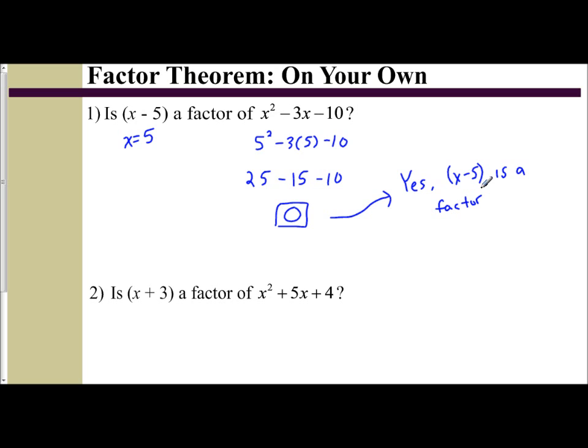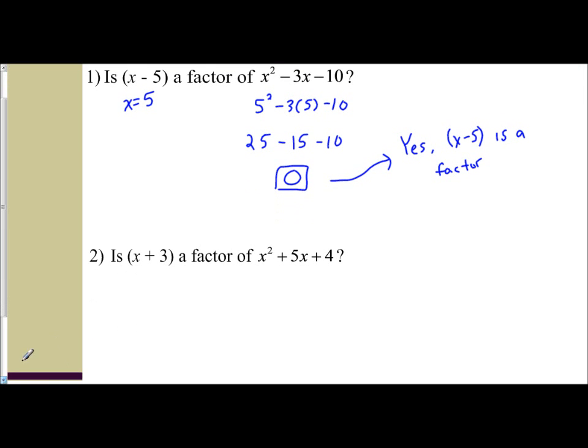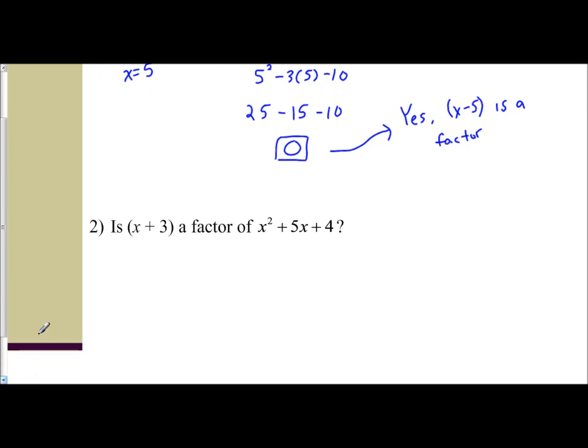And we could do the same thing for number 2. Is x plus 3 a factor of x squared plus 5x plus 4? So the solution to x plus 3, that binomial, is x equals negative 3. I'm going to plug negative 3 in for x, so I get negative 3 squared plus 5 times negative 3 plus 4.